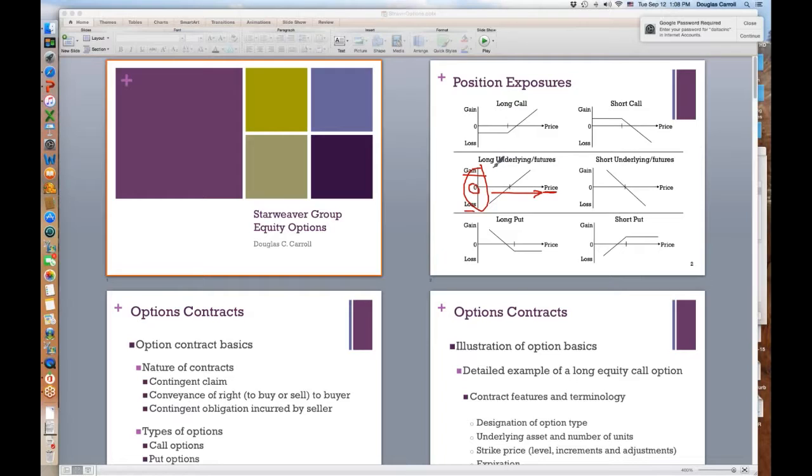Now, with positions in the underlying, whether long or short, you'll note the diagrams indicate symmetric gain-loss profiles. Increasing gains the farther the market moves in favor of your position, increasing losses the farther the market moves against your position. On the other hand, if you look at the four corner panels where the four basic option positions are shown, long call, long put, short call, and short put, you'll note options have asymmetric gain-loss profiles.